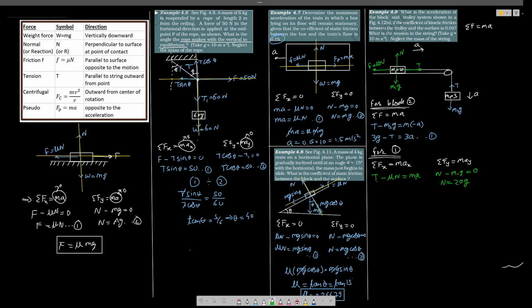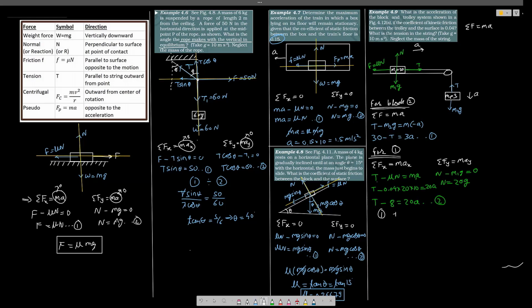Substitute the values in first equation, we'll get T minus mu, 0.04 into normal force 20g is equal to 20a. So here we get T minus 8 is equal to 20a as your second equation. Now we have to solve equation number 1 and 2. Just before that, substitute the value of g, which is 10, so this will become 30.